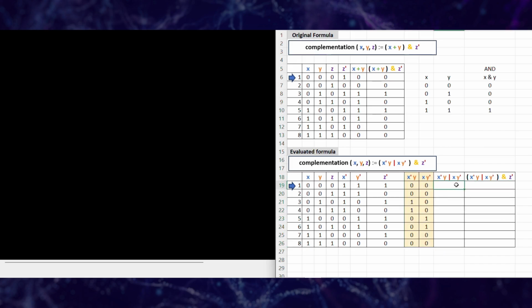So OR means, let's recall again, OR is x pipe symbol y. So here we will get 1 if either of the inputs is 1. So here is 0, 0, 1, 1, 1, 1, 0, and 0. Done.